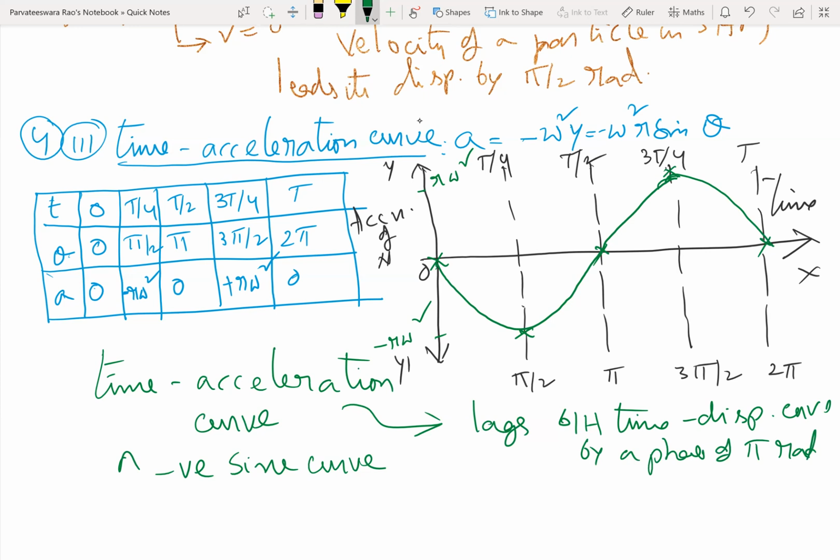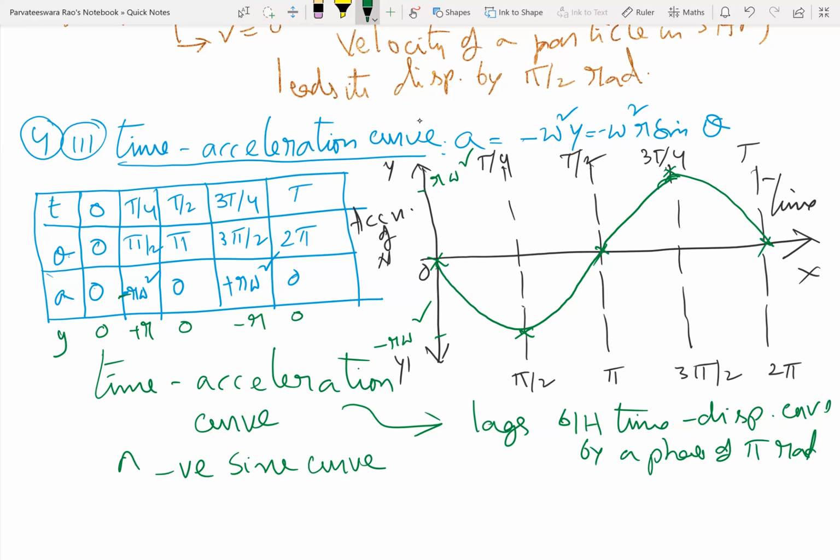How? If you put y: 0, plus R, 0, minus R, 0. So there is a phase lag of 180 degrees between time acceleration and time displacement curve.